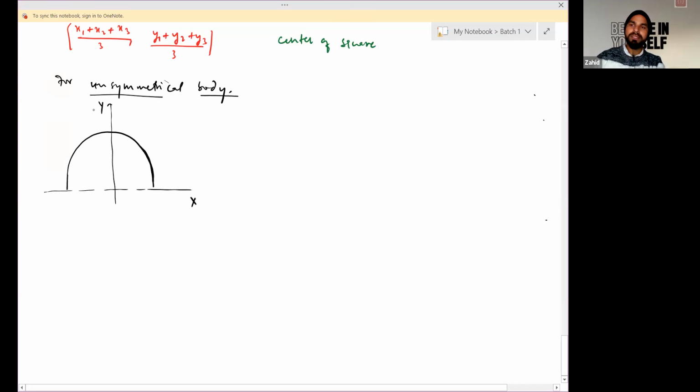And if a body is symmetrical about the y-axis, its x-coordinate will lie at the origin. So the center of mass of this semicircular ring will be at this point, whose coordinate will be 0, 2r by pi. Is it clear?